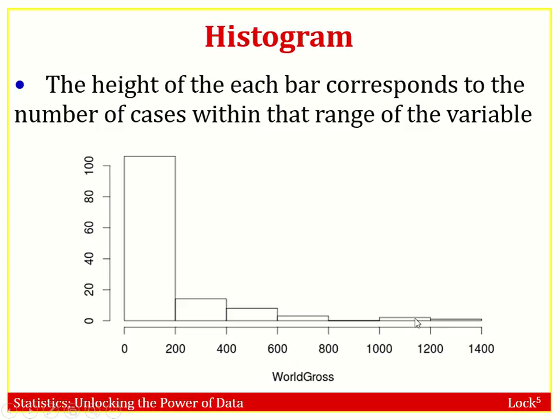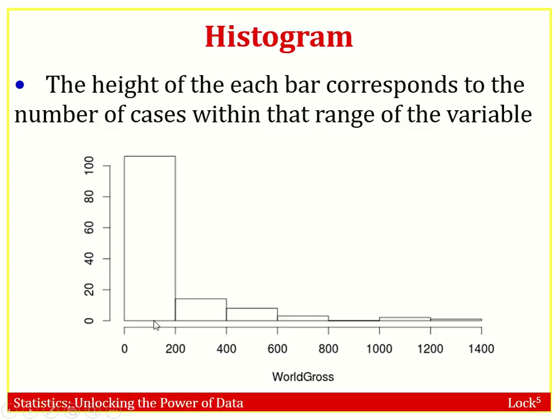The height of this bar here is 2 because there were two movies in that interval between 1000 and 1200, and that was the Transformer and the Pirates of the Caribbean movie. Now over here, that's where most of the movies are, between 0 and 200,000.